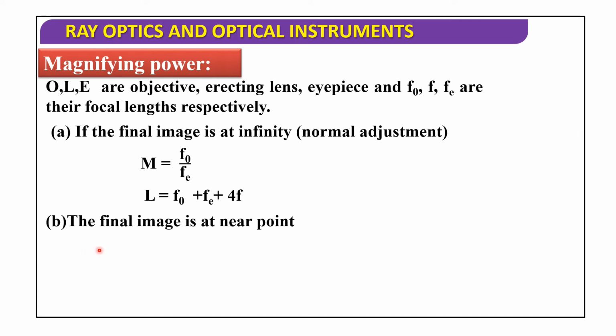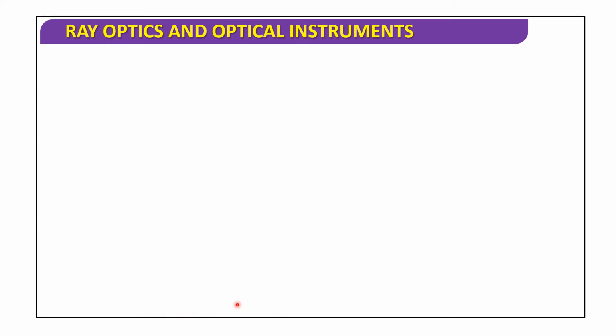Next, if the final image is at the near point, then the magnifying power m is equal to f0 by fe of 1 plus fe by D, and L is equal to f0 plus 4f plus ue.